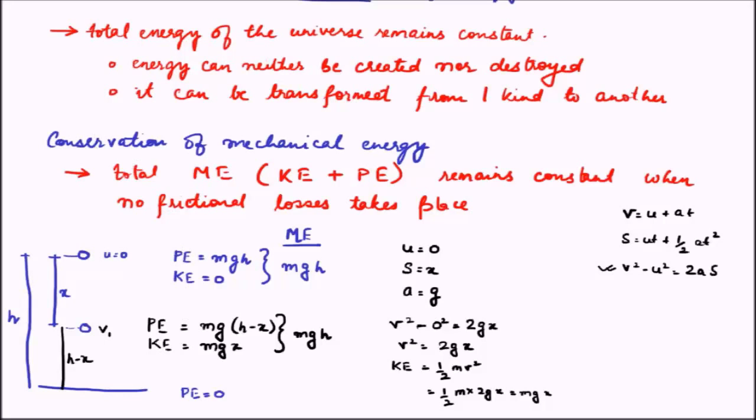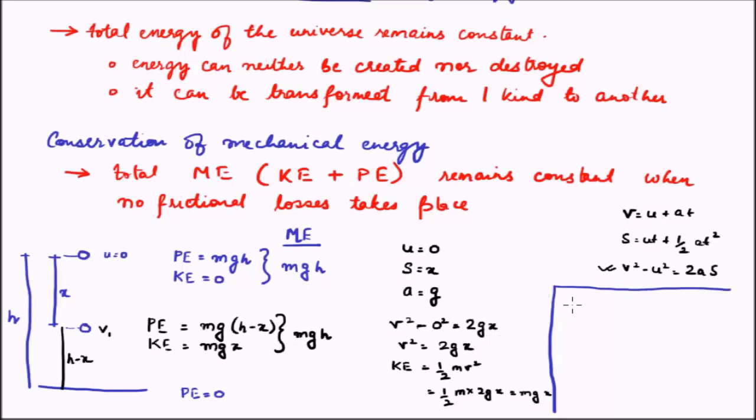In order to calculate that, we again need to find the velocity here so that we can calculate the kinetic energy at the surface. We will use the same equation, v square minus u square is equal to 2as, but now the s will be the total height h, since the ball has traveled the height h to reach the bottom.